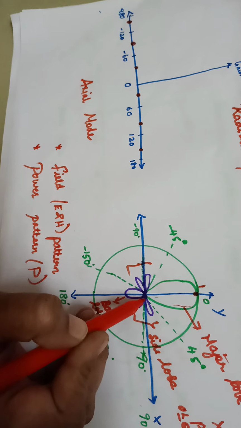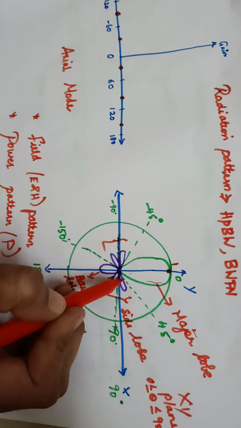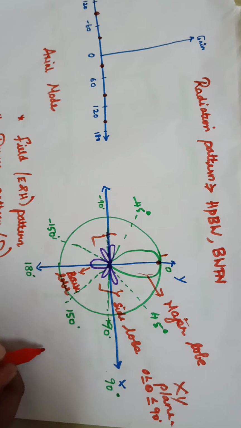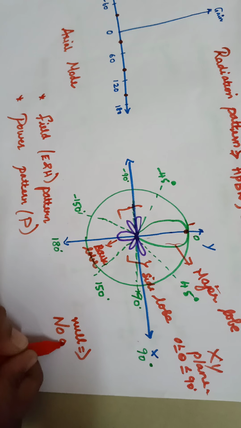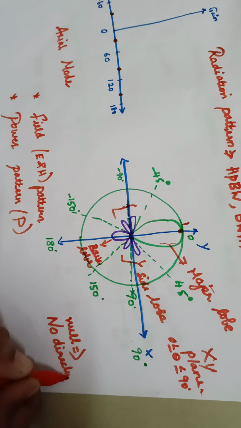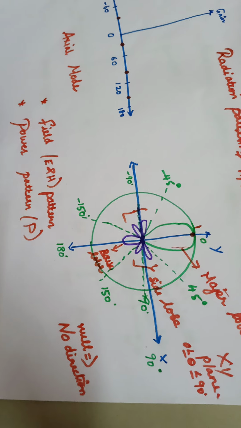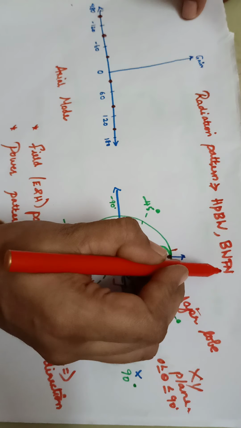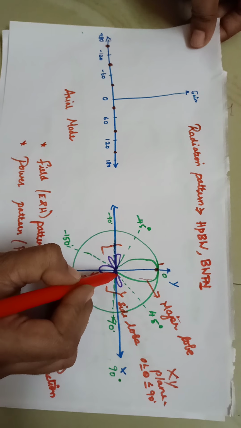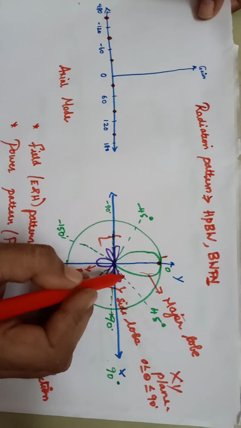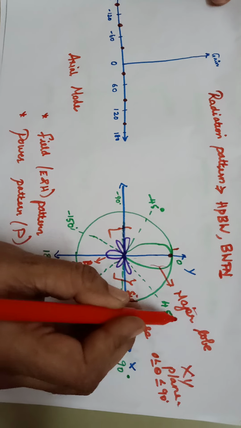Now, the first null means where there is no direction at all, no direction; that is what is called a null. Again, null means where there is no direction. Now you see here exactly at 45 degree, plus 45 and minus 45 I have marked.